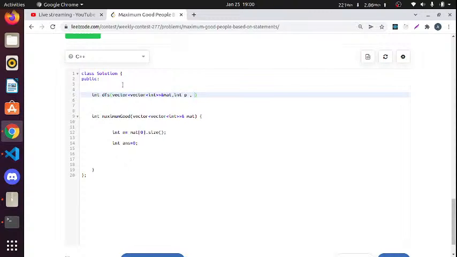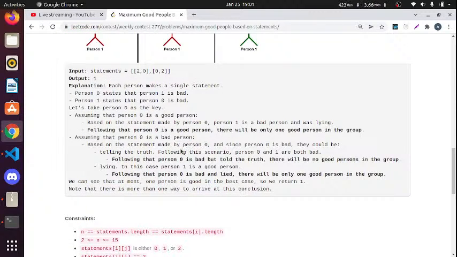Then if the person is right or false, which persons are telling the truth, or which persons are telling a lie, so this is the part, and the last part is what about the contradiction.